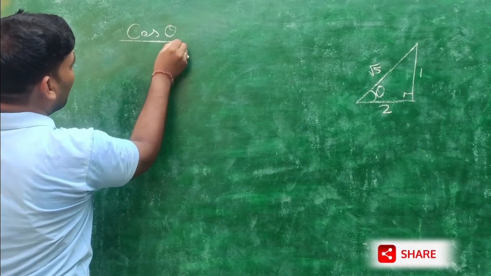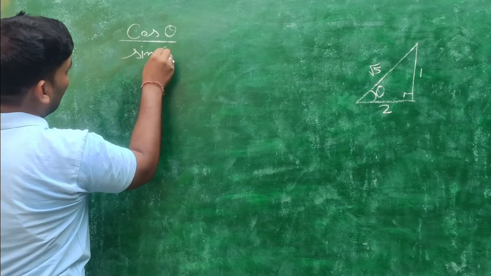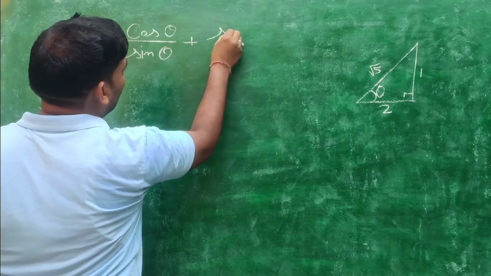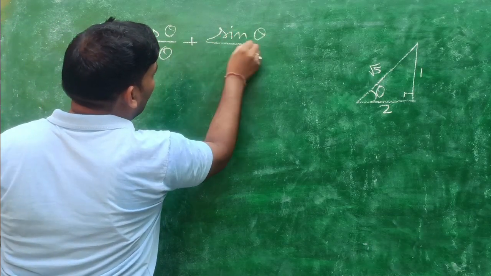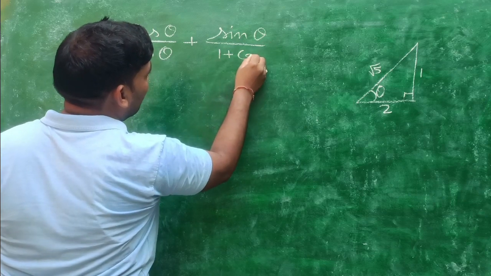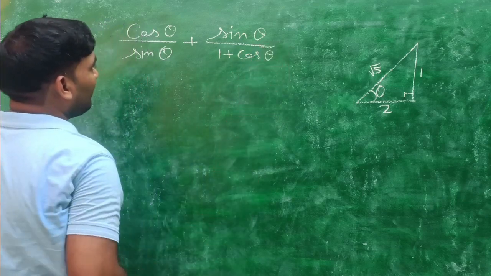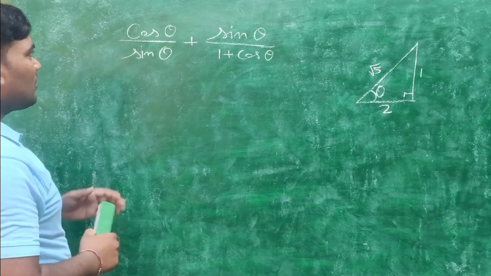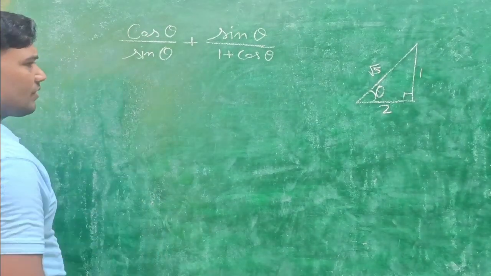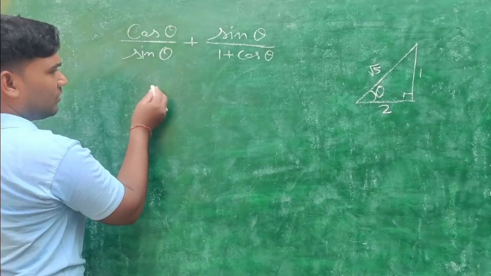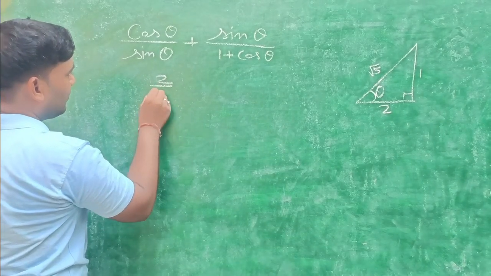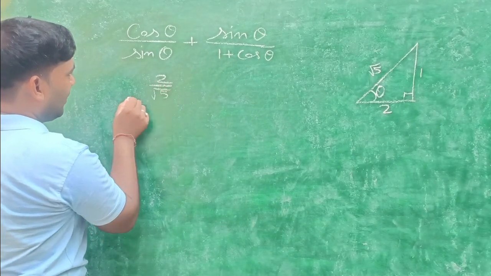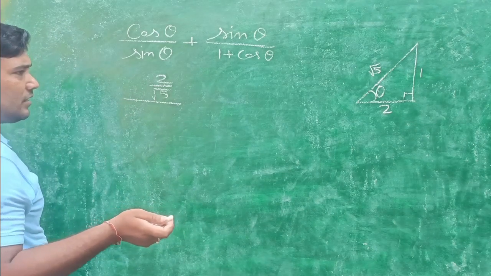Now we will find out the value of cos theta upon sin theta plus sin theta upon 1 plus cos theta. Okay, so look here. Now put the values of cos theta. Cos theta is equal to what? 2 by root 5. Okay, and whole upon what is the sin theta?